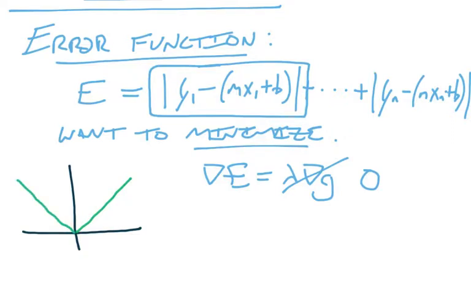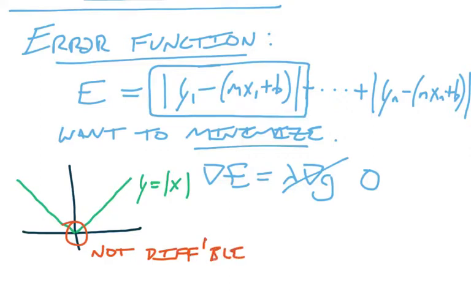So this is y equals absolute x. And that is a big problem because that is not differentiable at the origin. And that is a serious problem as far as calculating a gradient goes.